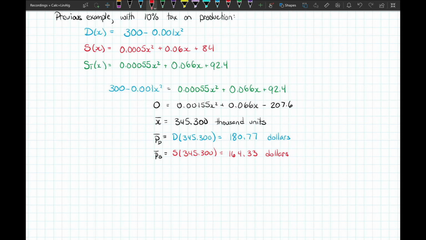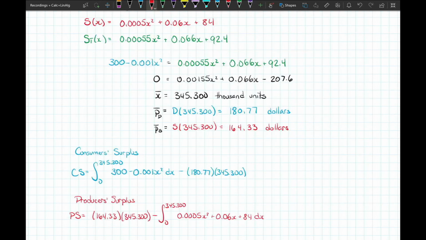Now that we've got the equilibrium quantity as well as these two prices, we can see what happens to the consumers' and producers' surpluses. We can also see what portion is being collected from tax and see how much is lost from the original total surplus due to deadweight loss. Using the formula for consumers' and producers' surpluses, we can use the same equilibrium quantity, 345.300 thousand units, but we have to be careful about which price we're using.